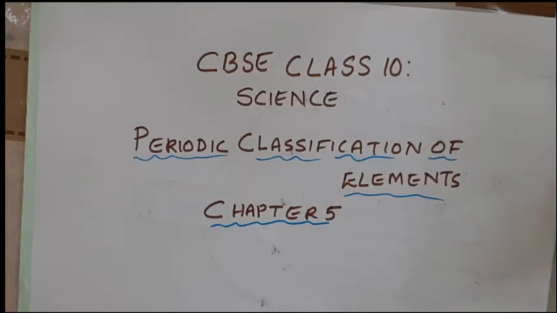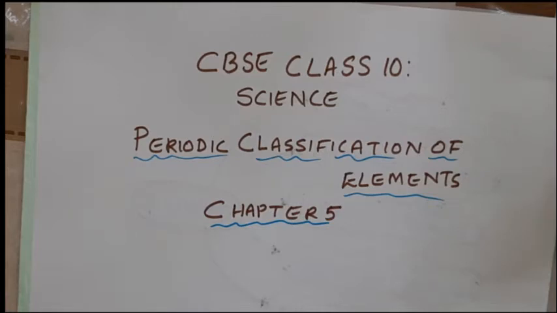I am currently doing the chapter Periodic Classification of Elements from the Science textbook, CBSE class 10, and already I have discussed what classification is, why it is essential, Lavoisier's classification, Dobereiner's law of triads, followed by Newlands' law of octaves.